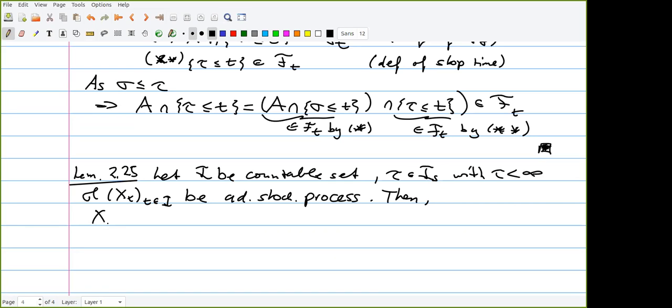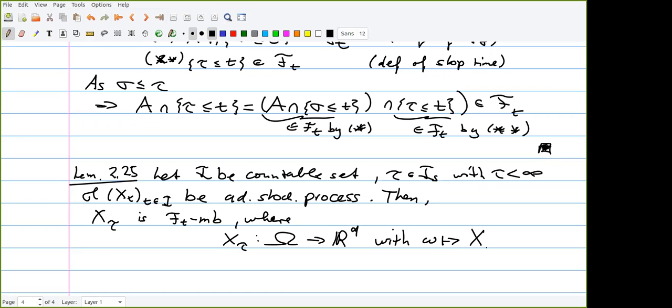So if I consider the stopped process X at time tau, it is F_tau measurable. What is X_tau? Well, just once let me write it down precisely. So this is in principle a random variable again, which is defined as the mapping omega maps to X at the stopping time evaluated at omega, and then evaluated the process at time tau of omega.